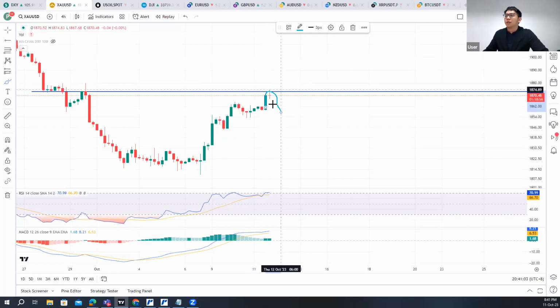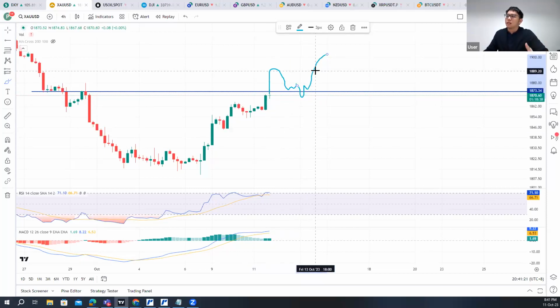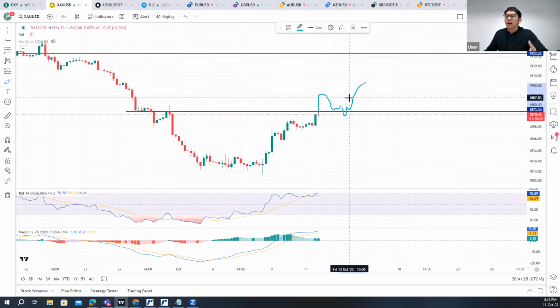And what if it breaks above? If you want to apply a pullback strategy, it has to break above and then come down, pull back. And if it's sustainable above this range, and cannot break below, we can enter a long position anytime, and we can expect gold to turn bullish.